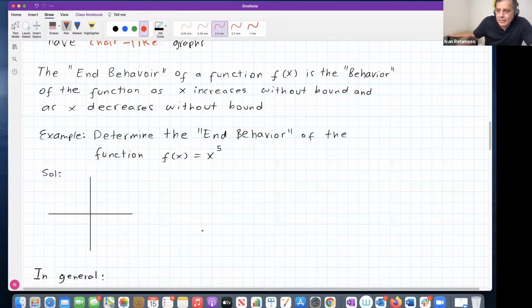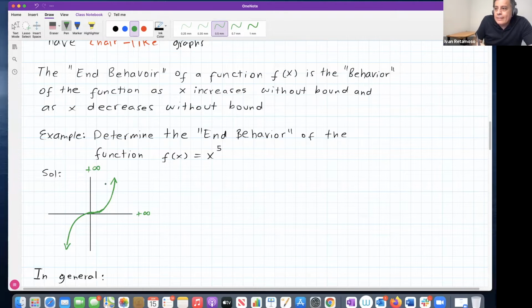I'm going to take it from there and do it here. I want you to observe, as x gets bigger and bigger to the right, where the output values are going. Well, you can see that as you go to the right on the input values, the output values go up to infinity, right? Remember, infinity lives here. So as x goes to positive infinity, y goes to positive infinity.